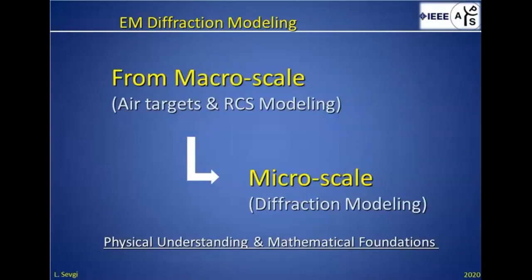Now we go to micro scale, and we are going to see diffraction modeling and simulation. We will focus on the physical understanding and mathematical foundation of microscale diffraction modeling.